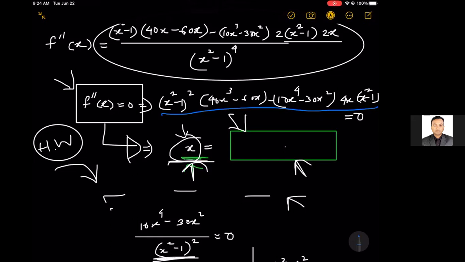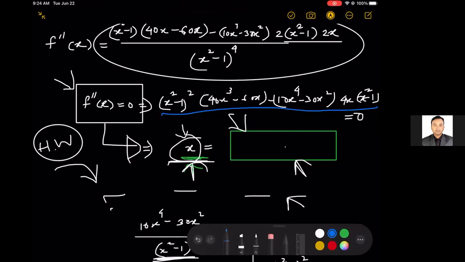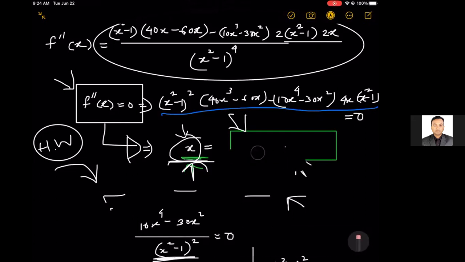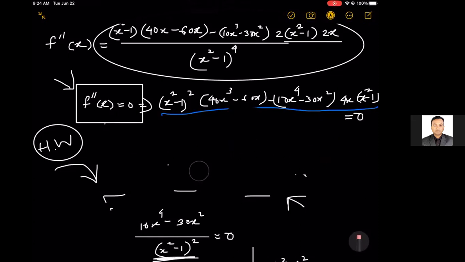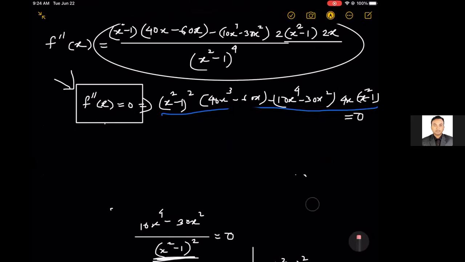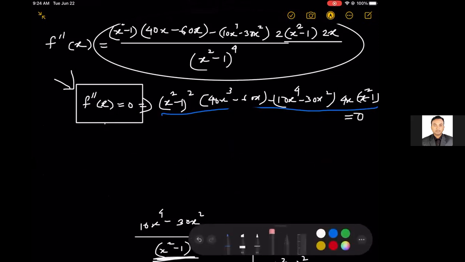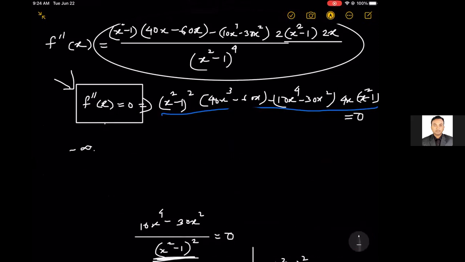Let me rewrite the intervals for you. Hopefully it will make more sense. Maybe you can't really see what's going on. Okay, the interval I'm talking about is negative infinity to negative square root of 3.